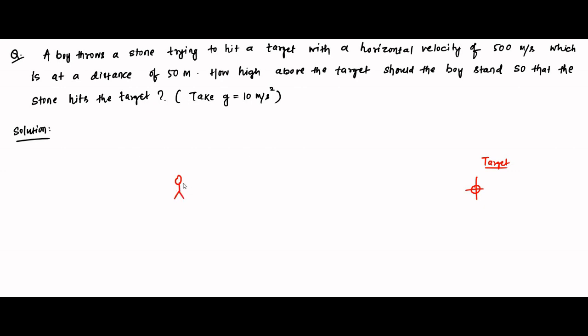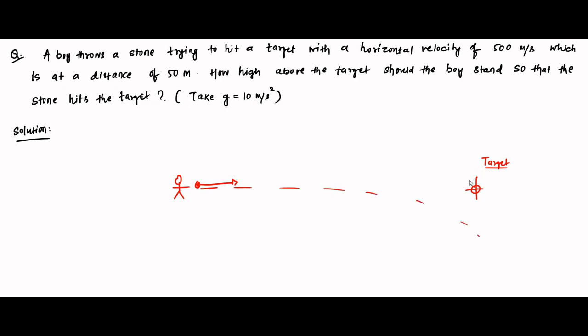Why is it given how high above the target should the boy stand so that the stone hits the target? Why is it like this? When the boy throws the stone only with horizontal velocity, it will undergo a projectile motion like this.